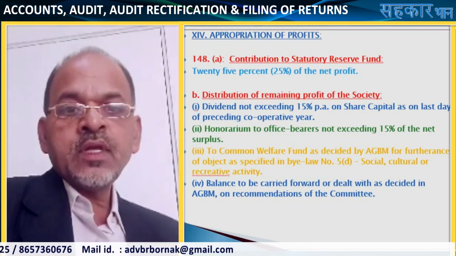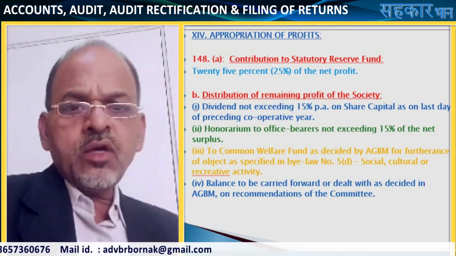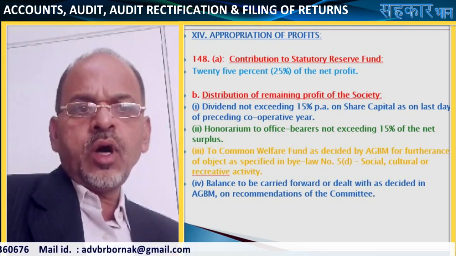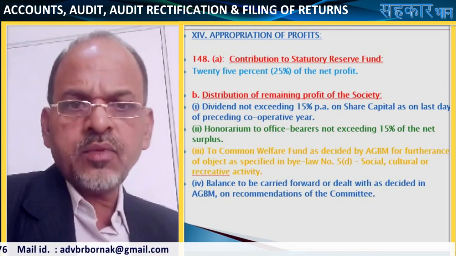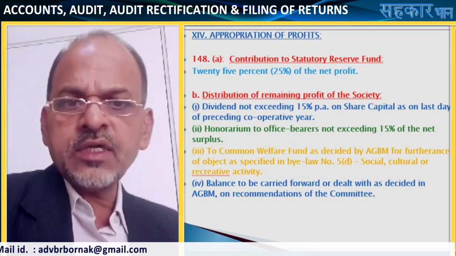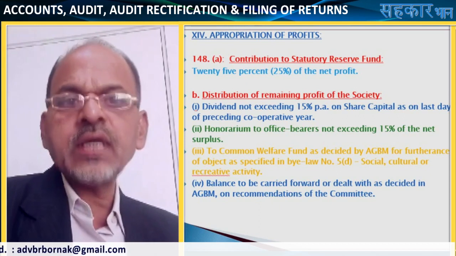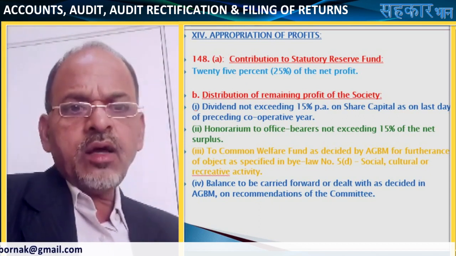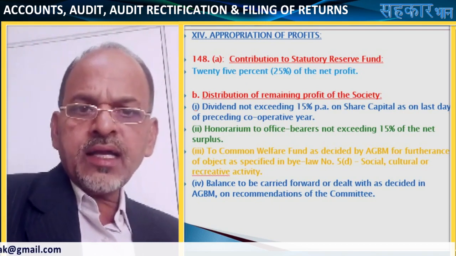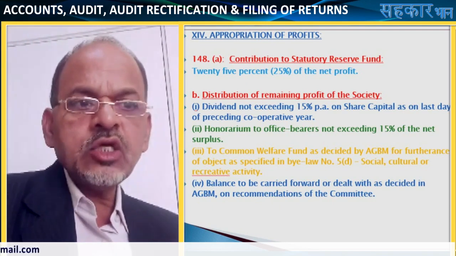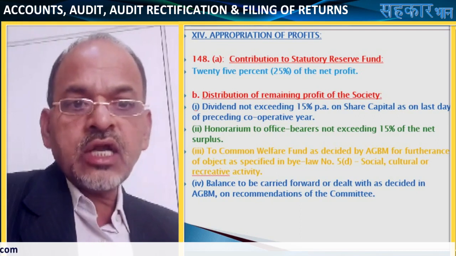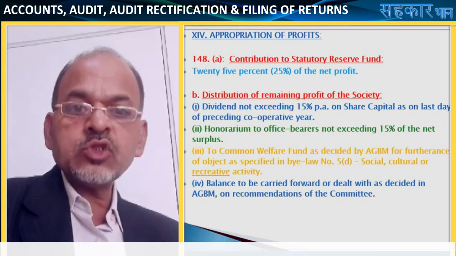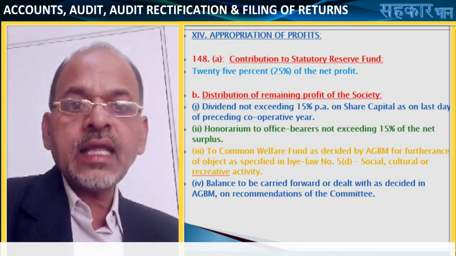Now third number, to common welfare funds as decided by the annual general body meeting for furtherance of objects as specified in bylaw number 5D. Means bylaw number 5 is about the objectives of the society, for which the activities of the society are to be carried out.